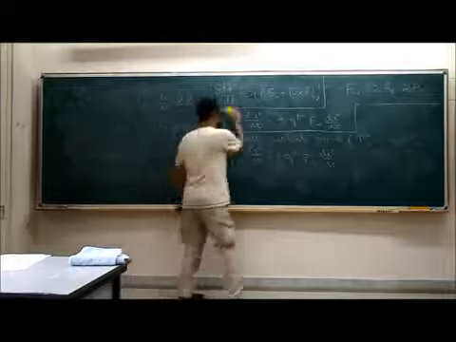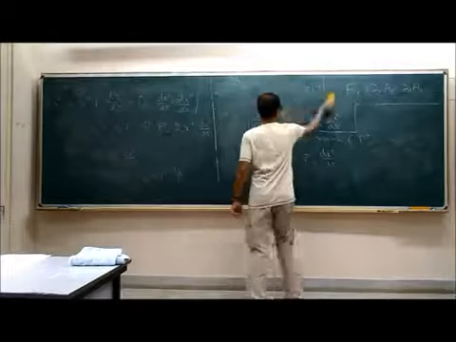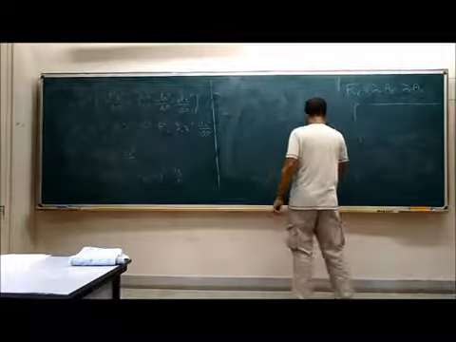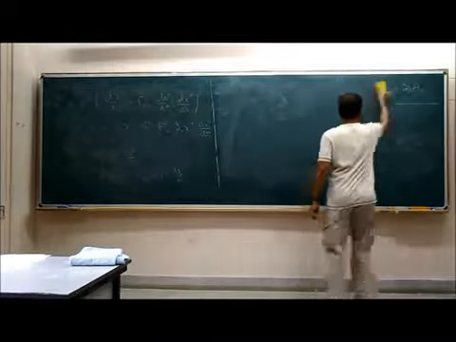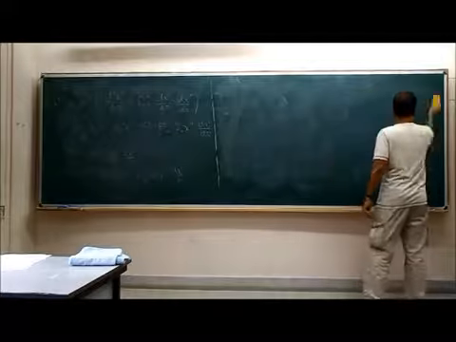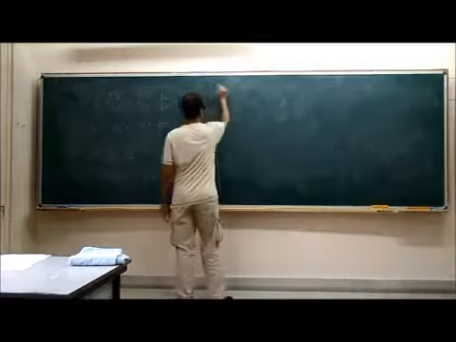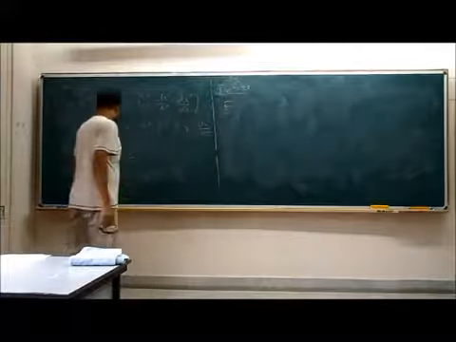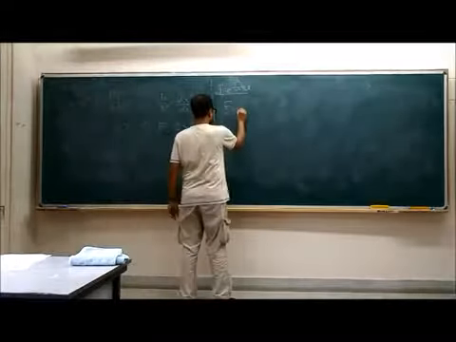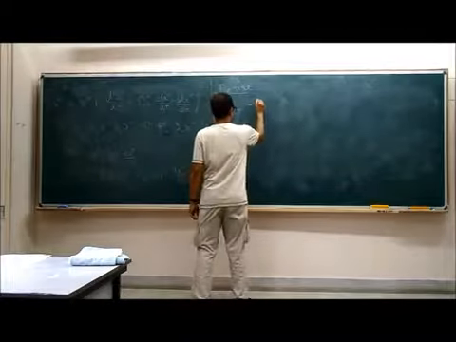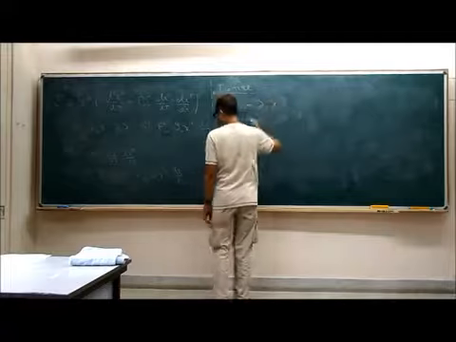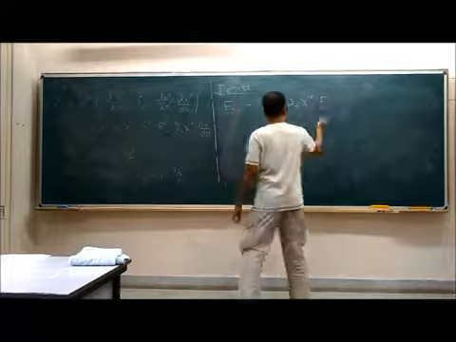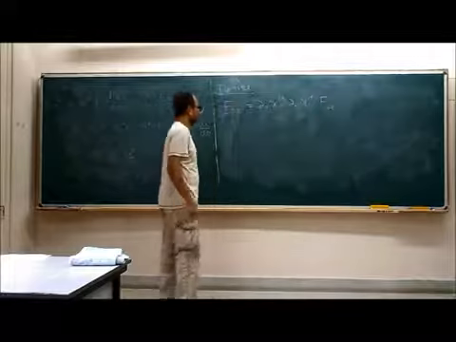Now what I am going to do is define a new quantity F_βγ. So this is a definition: F_βγ equals ∂_β x'^μ ∂_γ x'^ρ F'_μρ.